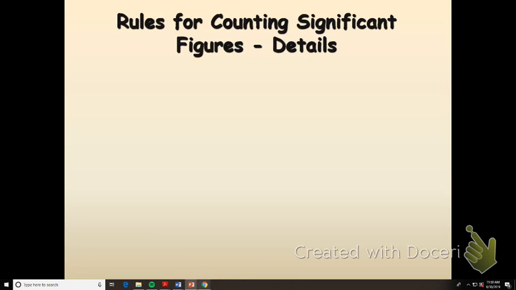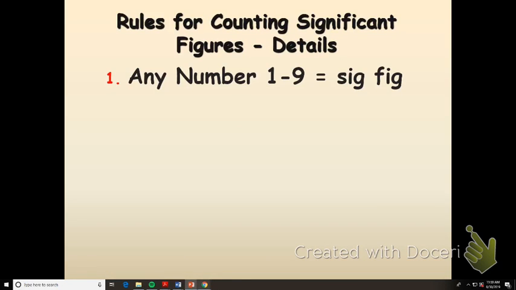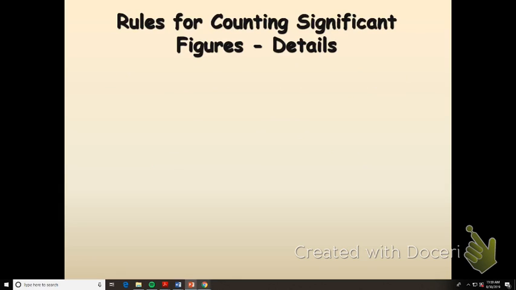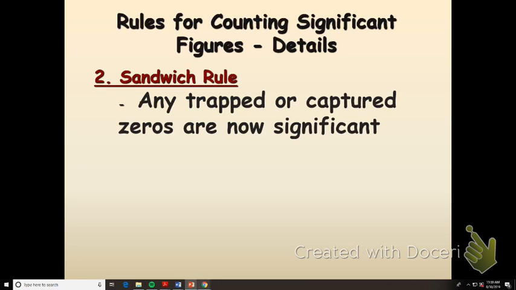Then we talked about how to count significant figures. So there's 3 rules. First rule, any number 1 through 9 is a significant figure. So like if I have a number 3,456, I would say that's 4 significant figures because there's no zeros or anything like that. My second rule is the sandwich rule. So any trapped or captured zeros are now significant.